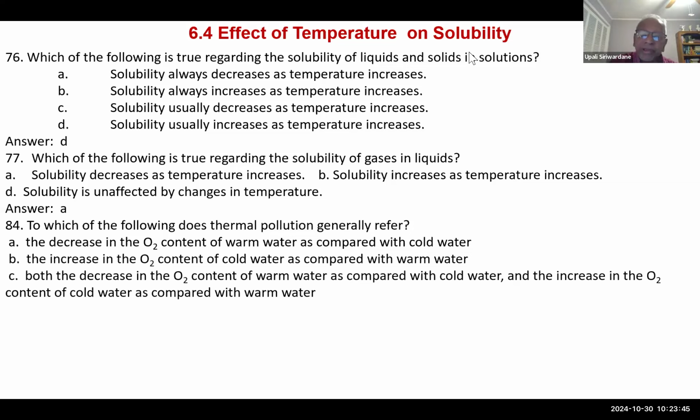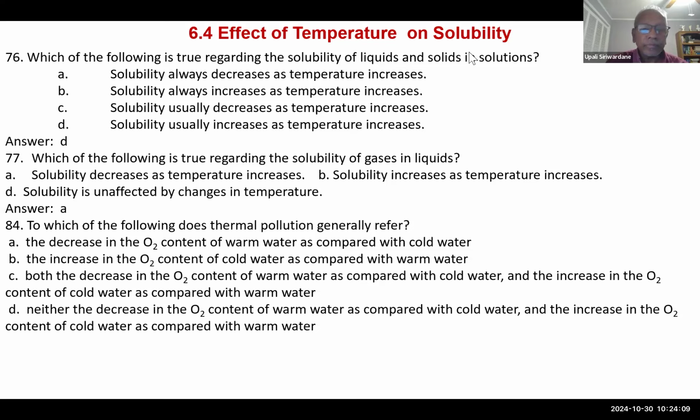Both is a complex sentence. A is the sure answer. That's the correct answer.